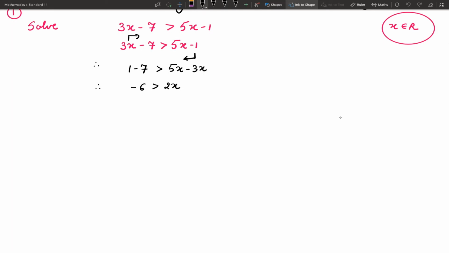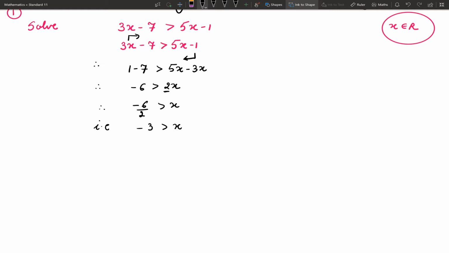Divide by 2. Since 2 is positive, the inequality will not change. So minus 6 by 2 greater than x, that is minus 3 greater than x.